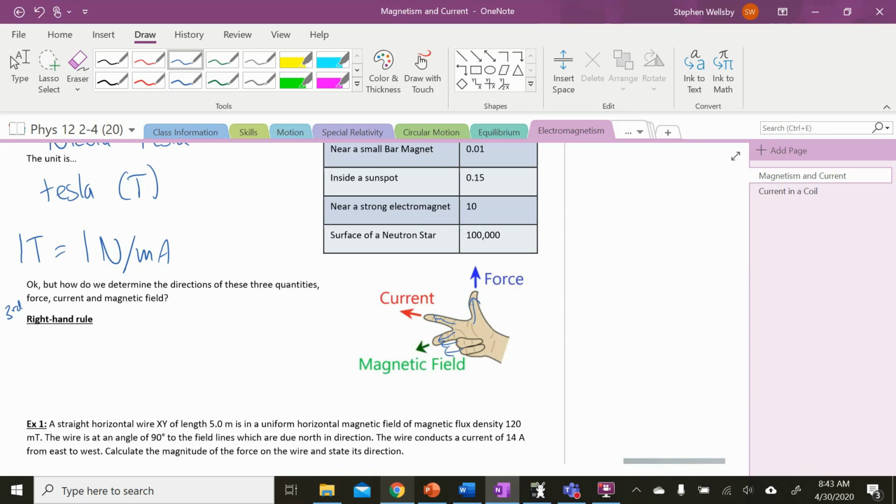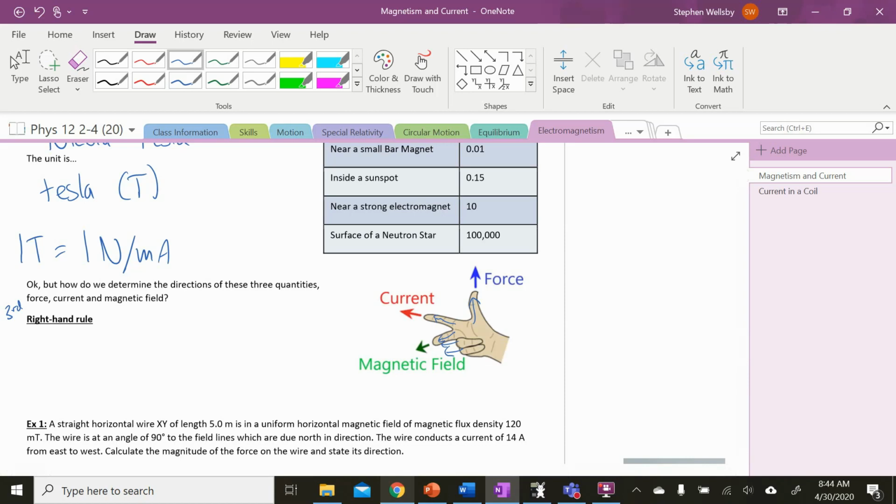Current is easy to remember because it's pointing the direction. When you point at something, you're basically saying the direction something is moving in. So this is telling you the direction of the motion of these positive charges in a wire, or as we get to individual particles, it'll be the same thing. This is the direction that a positive charge moves.